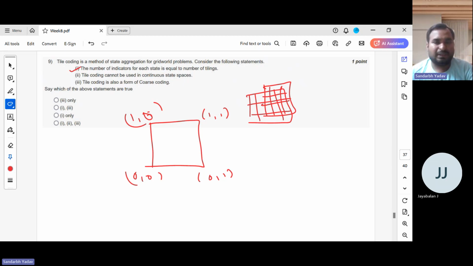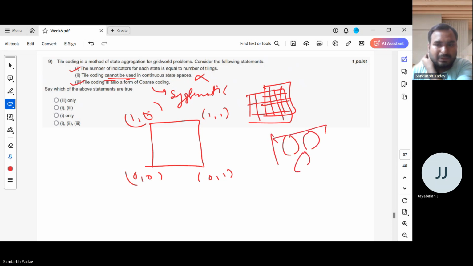Yes, we can; these tilings can simply cover this up. But it says it cannot be used, so this is false. Tile coding is also a form of coarse coding. If you have watched the lectures, you know it is a form of coarse coding, but more systematic, with regular squares and everything. Coarse coding can be any shape, but tile coding is a type of coarse coding itself, more systematic in terms of its structure.